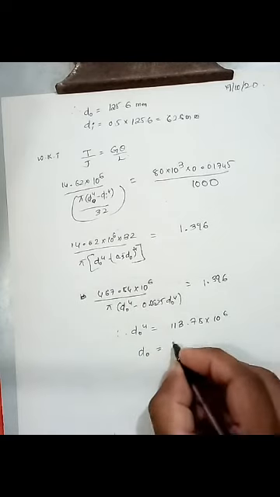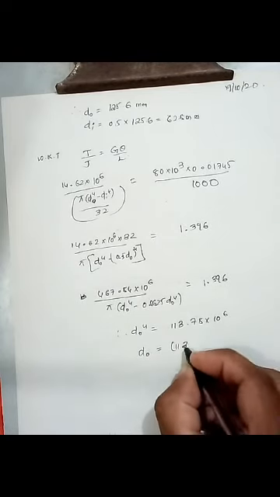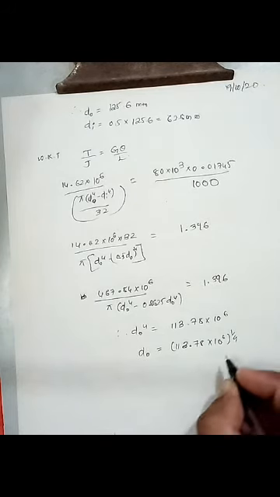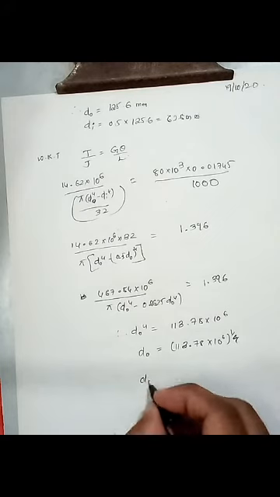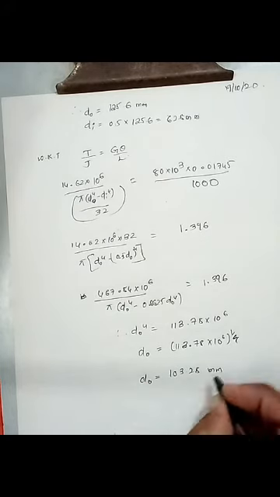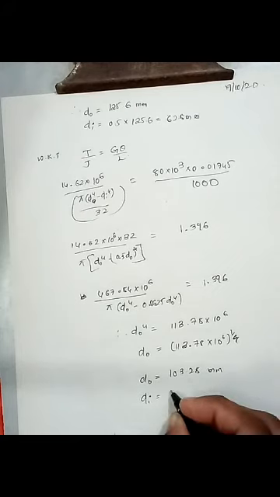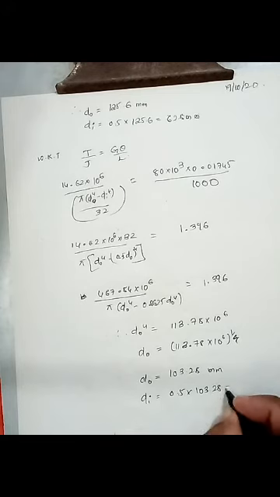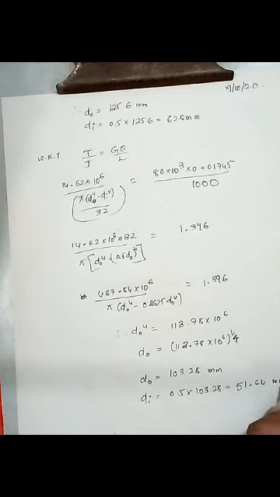So d naught equals (113.78 into 10 to the power of 6) raised to 1 by 4. So d naught equals 103.28 mm. So therefore di equals 0.5 times 103.28, that is equal to 51.64 mm.